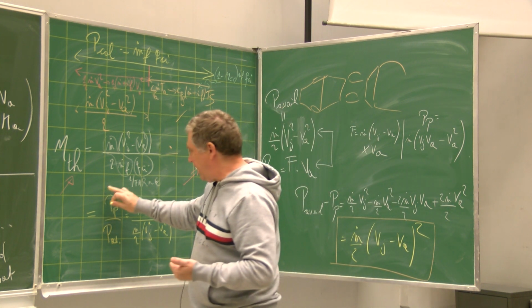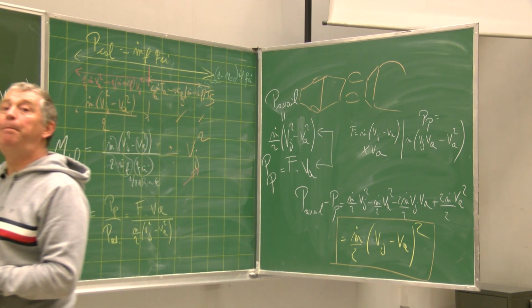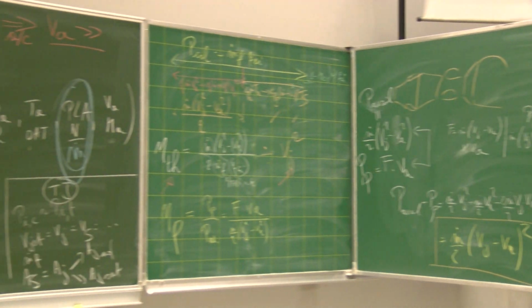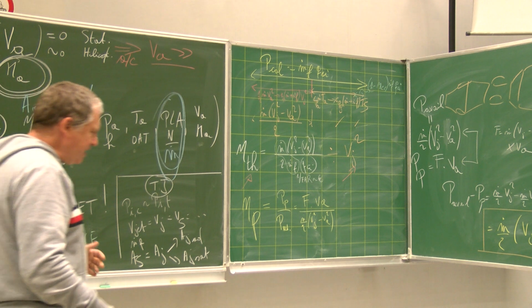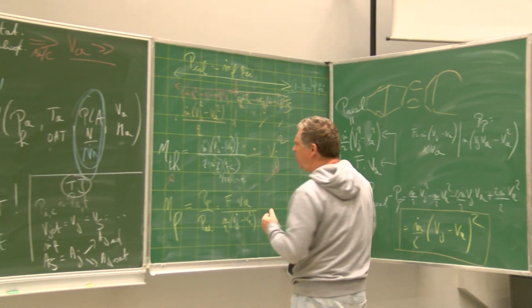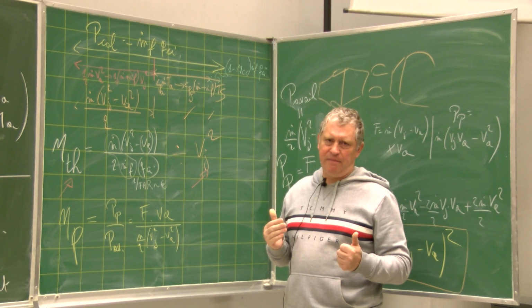As we have PP here, this is what we will call the propulsive efficiency. And you see that we are losing energy, in fact, in 2 steps.